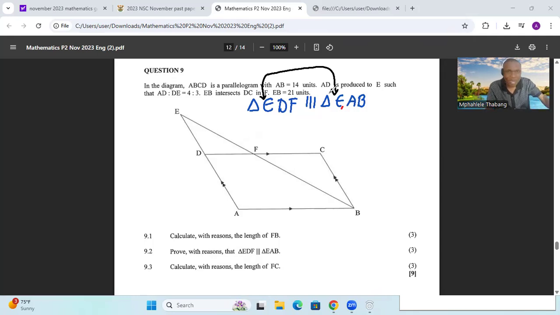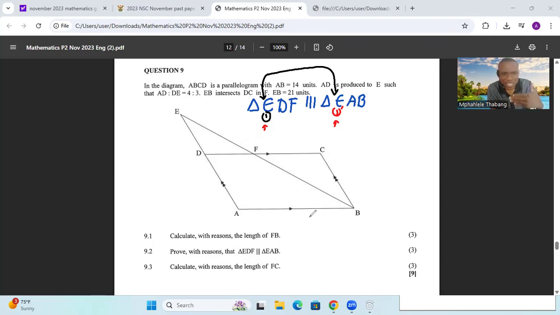So proving similarity of triangles is simple. You just focus on the angles. E is the first in EDF, E is the first in EAB, so you check whether these two angles are equal. This is how you can prove similarity.